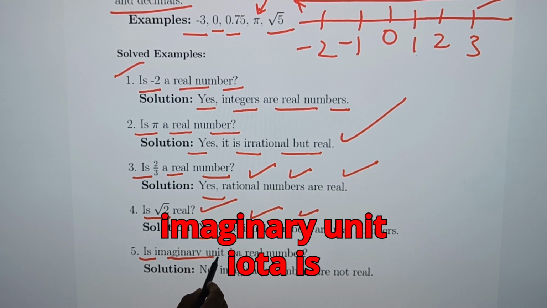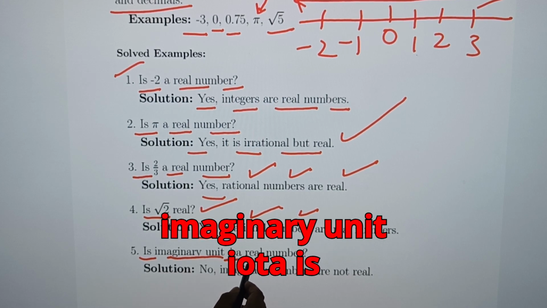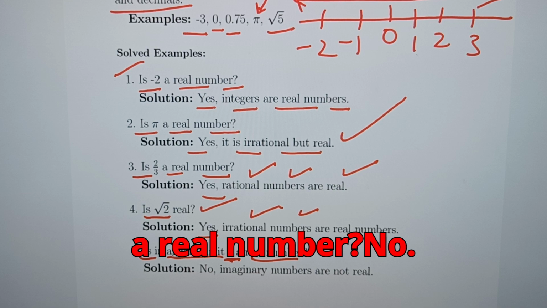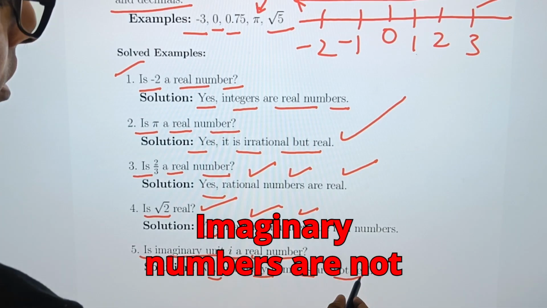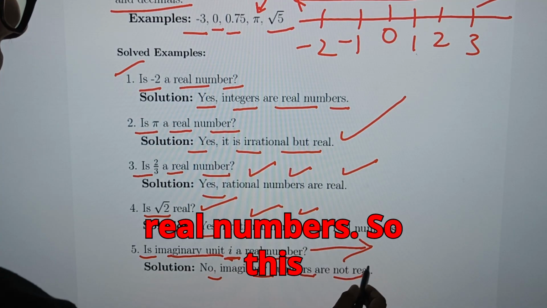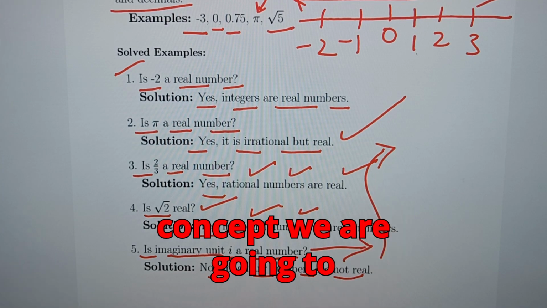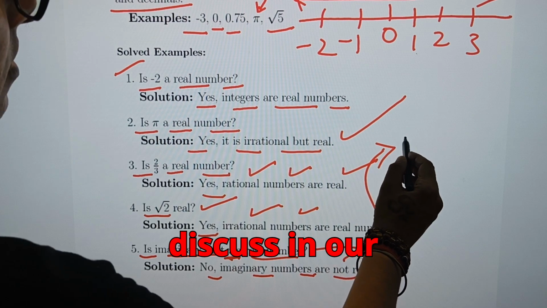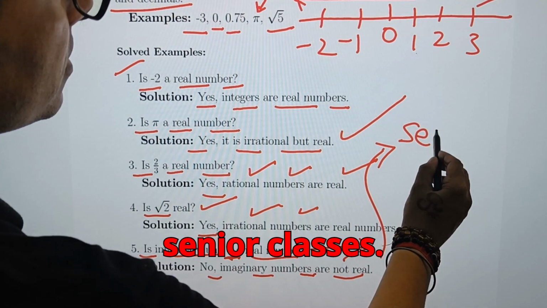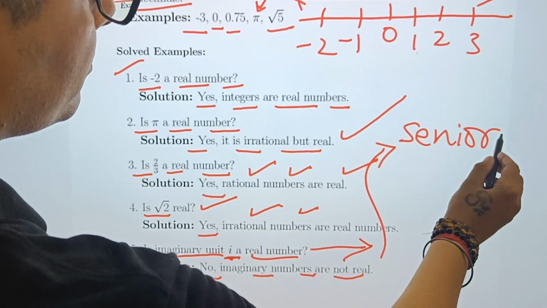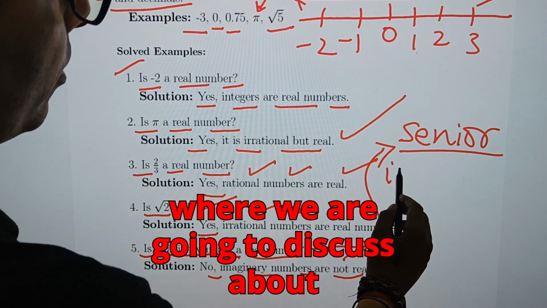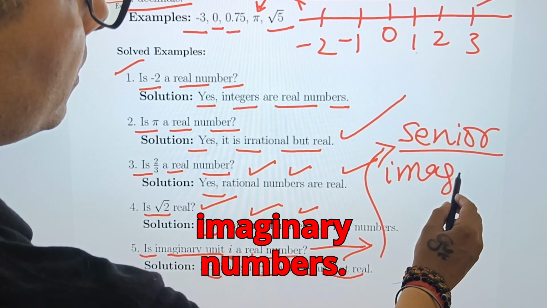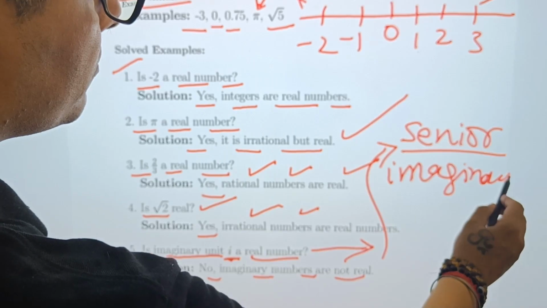Is the imaginary unit iota a real number? No, imaginary numbers are not real numbers. So this concept we are going to discuss in our senior classes, where we are going to discuss imaginary numbers.